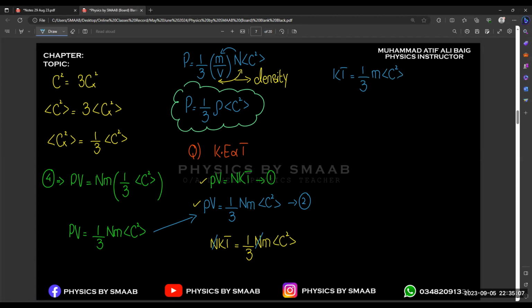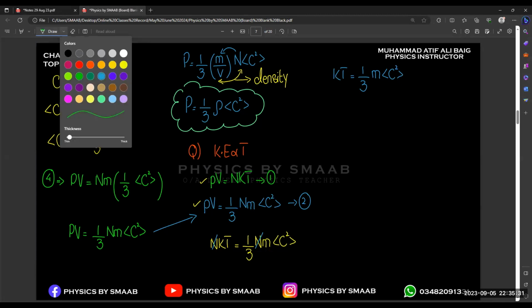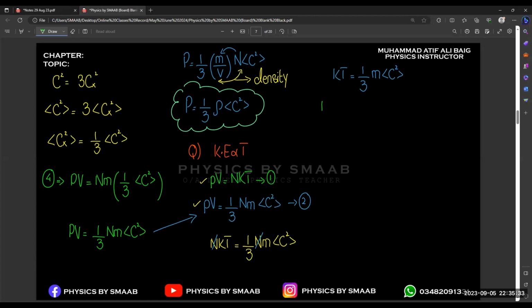And remember that half mv square is equal to kinetic energy, right? The formula of kinetic energy is half mv square, because we need to derive for kinetic energy, so we need a value for kinetic energy. So what we need to do is just multiply and divide by 2 in the equation. So we need to do an additional step.